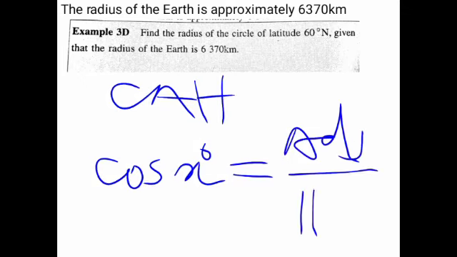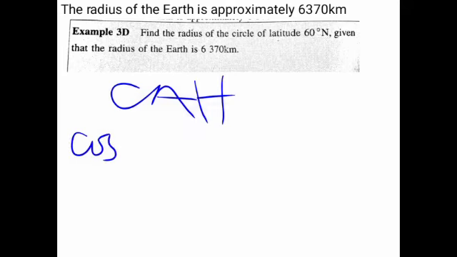So let me just do some rubbing there, and then I have enough space. Okay, so we're going to have cos theta, which is our x degrees, is equal to r over R. Remember, we are calculating the radius for the parallel latitudes, which is the small r.